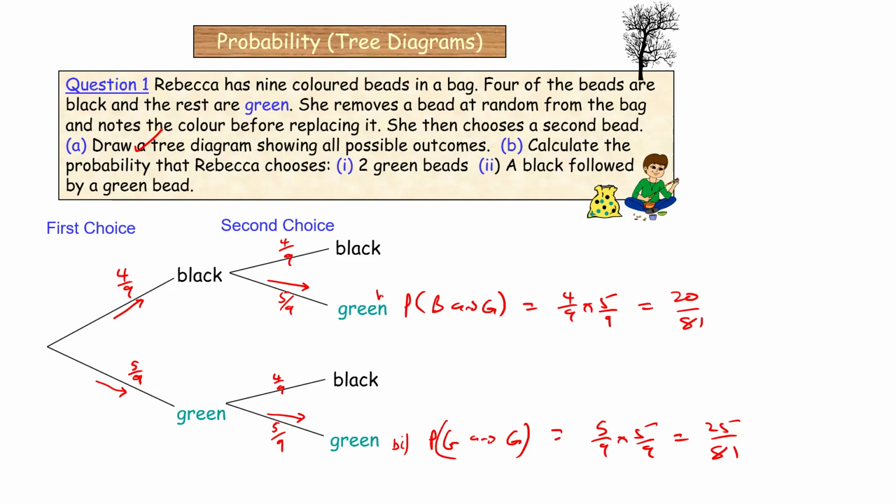And I forgot to write, that's B II. Okay, so we've got question 1 completed. Hopefully you got those 2 answers. Hit pause, make any corrections. When you're done, hit play. We'll look at another example.